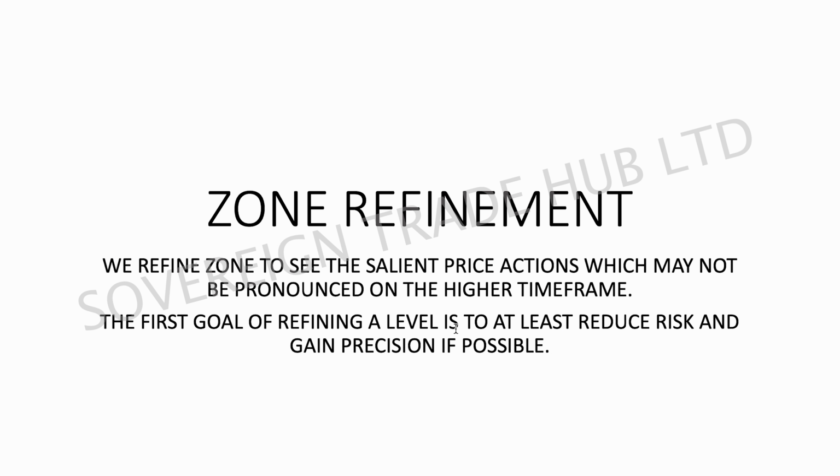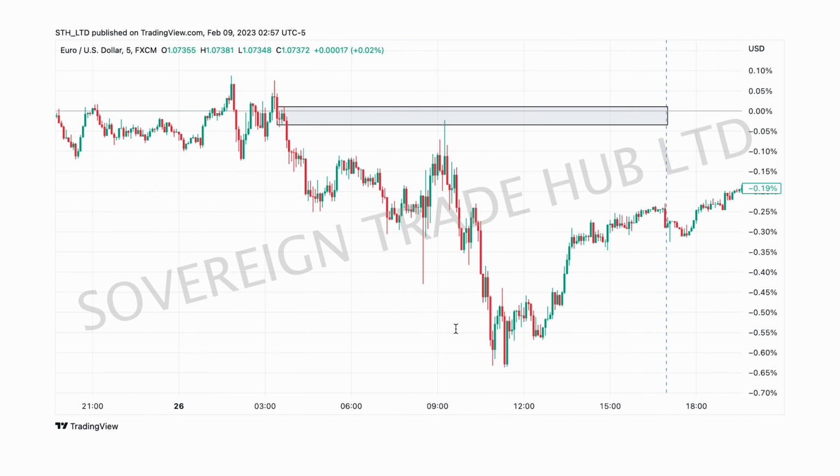Remember, we said the first goal of refining a level is to at least reduce risk and gain precision, if possible. Now, on this third slide, you will notice something. I've refined the very zone, and with my mouse I was able to pinpoint the exact level where the imbalance was existing.